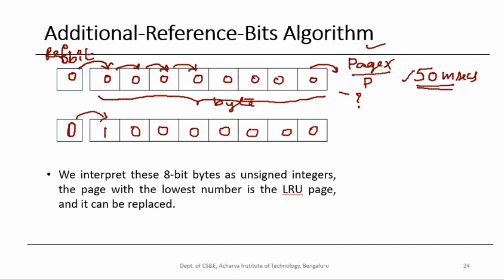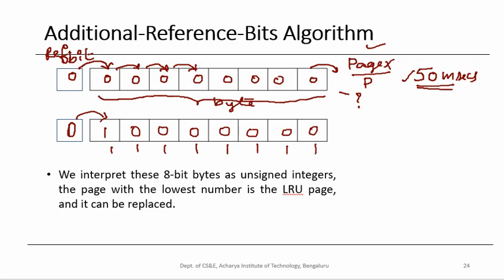After the second interval, the operating system again looks at the reference bit and puts that into the high order bit of this byte, and so on. If all the bits become 1, it means that the page is referenced at least once in every interval of time.